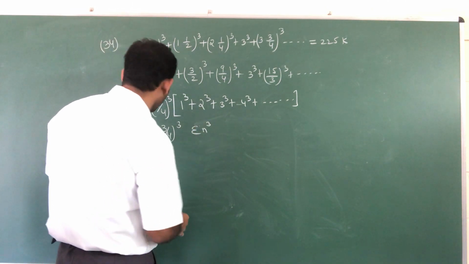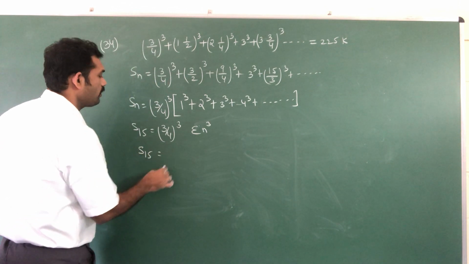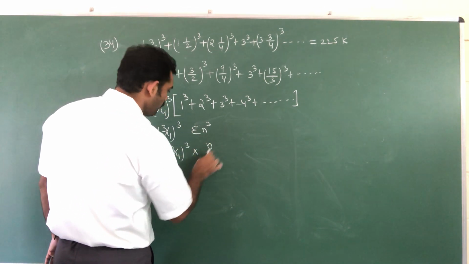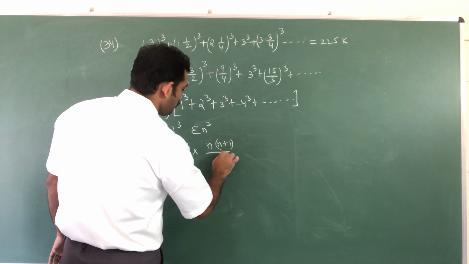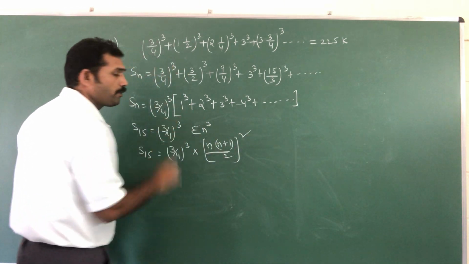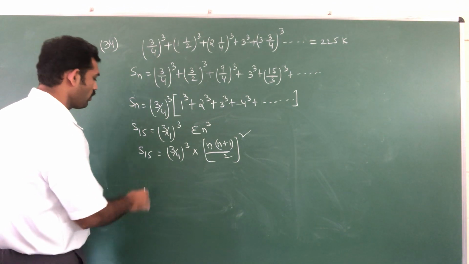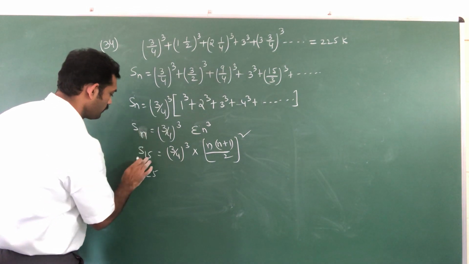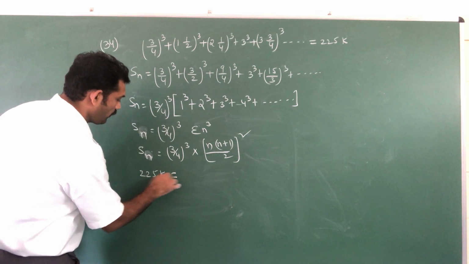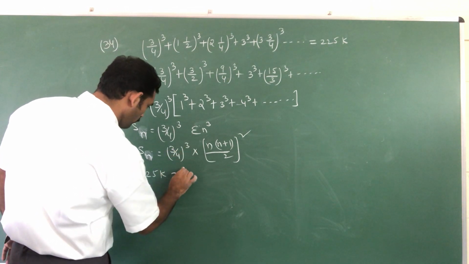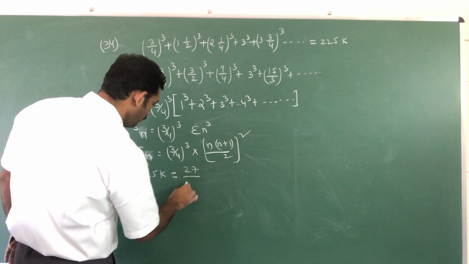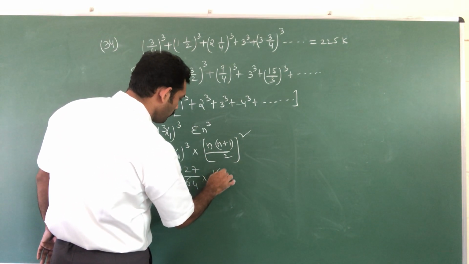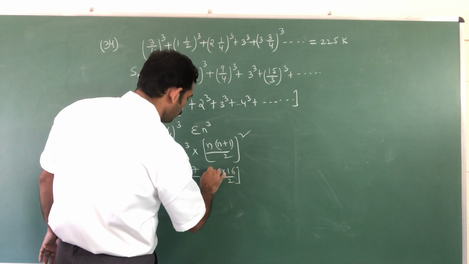Sigma n cube value is [n(n+1)/2]^2. Substituting n is equal to 15, S15 is already equal to 225k. So 225k is equal to 3 cube means 27 divided by 64, into [15 into 16 divided by 2] whole square.